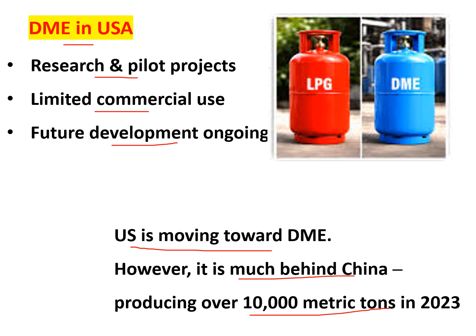There we had more than 8 million metric tons. Here you have 10,000 metric tons. So much behind China, but that is the second country willing to use DME for industries and vehicles and as cooking gas. Second to China, USA is viewing DME as the alternative fuel of the future.